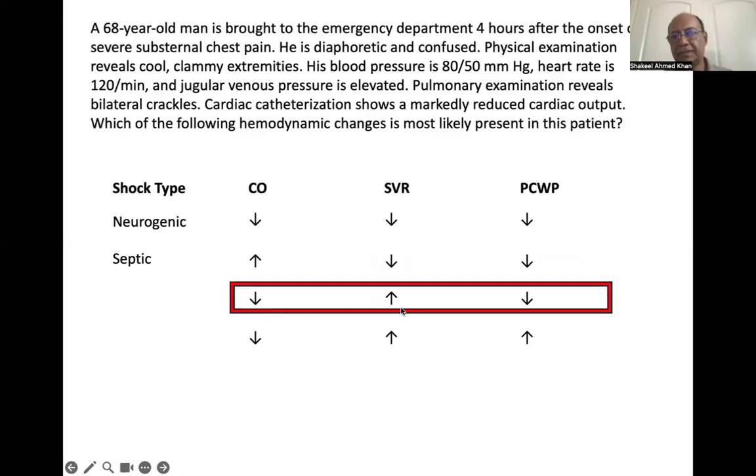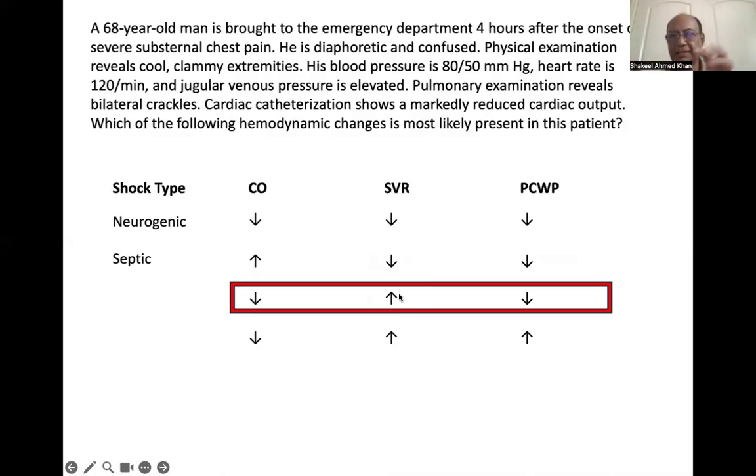The cardiac output is decreased, the systemic vascular resistance is increased, and PCWP is decreased. So I'll give you a few seconds to think about it. What kind of shock is this one? The resistance is increased, that means the nerves are working. Everything is working.